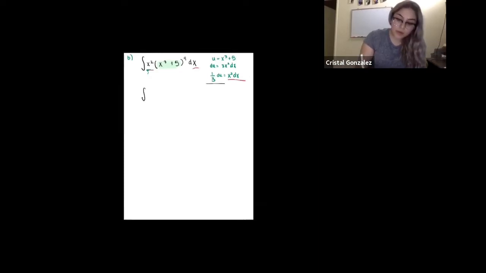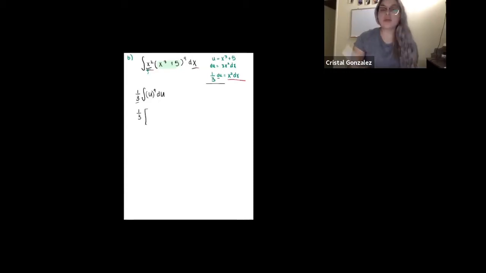I'm going to bring that 1 over 3 over to the front now. And now I'm going to write u to the 9th power. So we replace that, and x squared dx got replaced by 1/3 du. I have the 1/3 over here already. And so now this is going to be du. And so now we can integrate this.